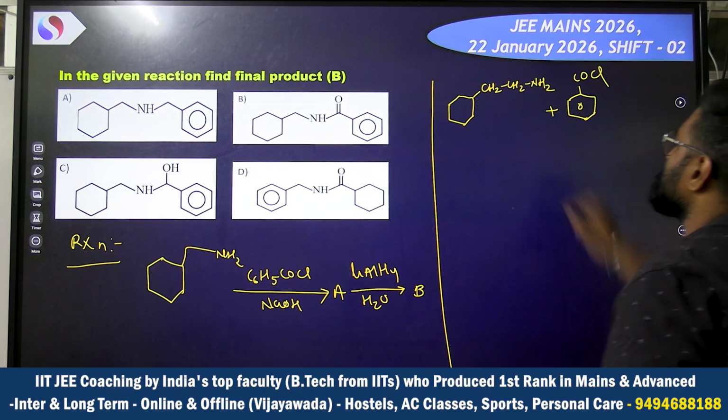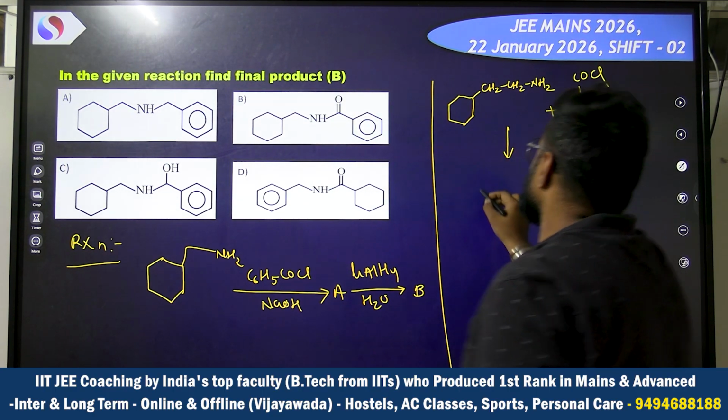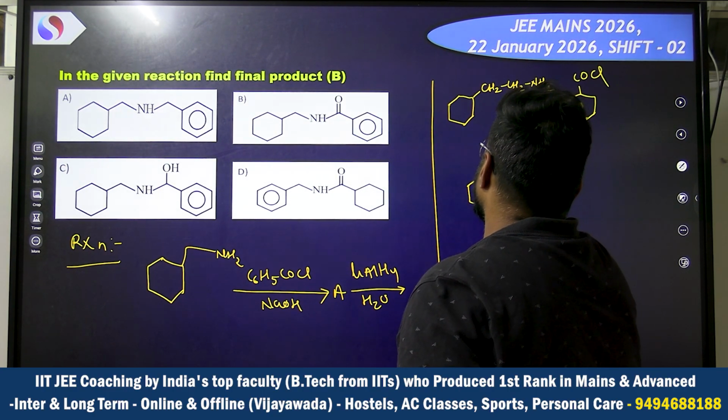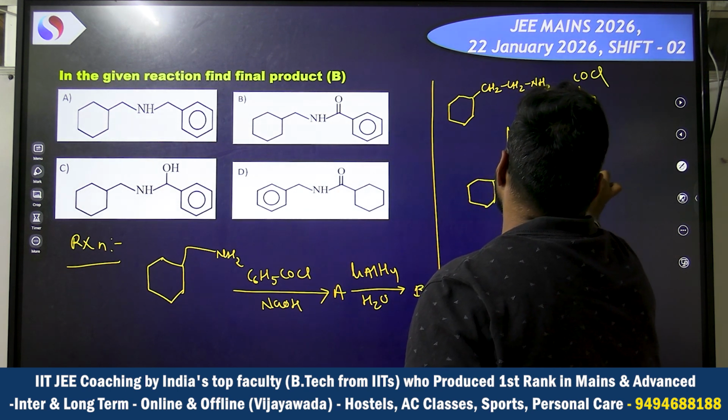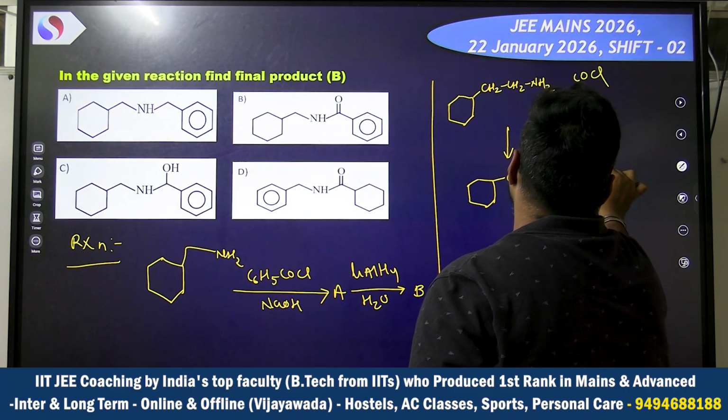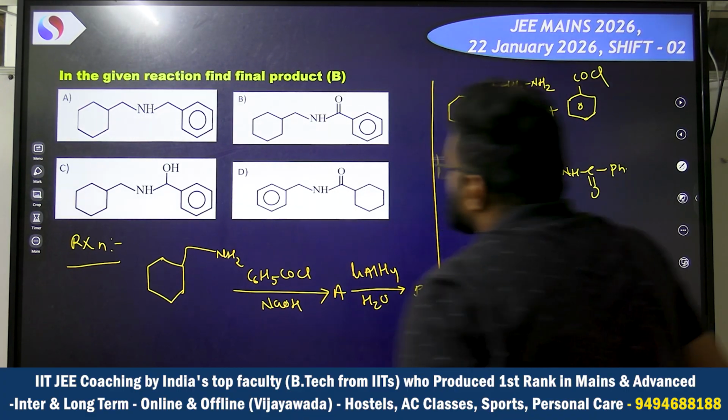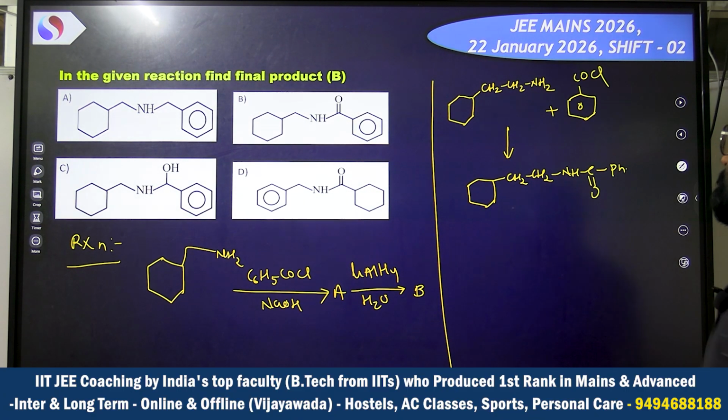What will be the equation? HCl will be removed, so the product will be CH2 NH C double bond O C6H5. This will be our equation. This is A.